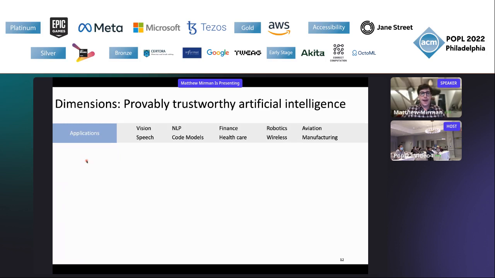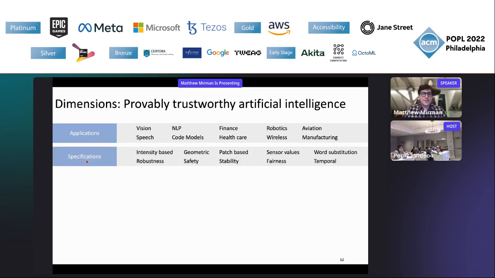For example, the NLP domain frequently uses transformers, and the vision domain most commonly uses convolutional neural networks. Inside each of these applications, they have different needs. For example, a wireless communications guarantee would be that the physical networks involved never go down, whereas in healthcare, you want to guarantee that misdiagnoses are not made.